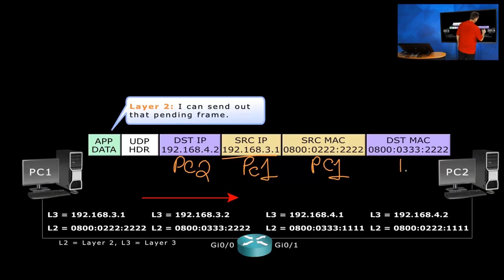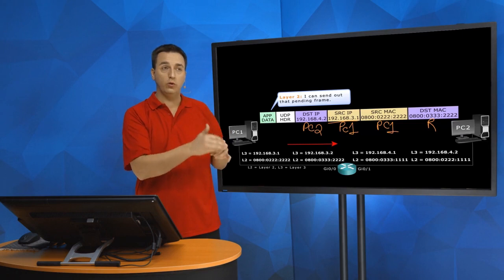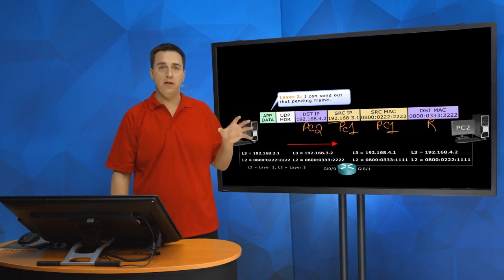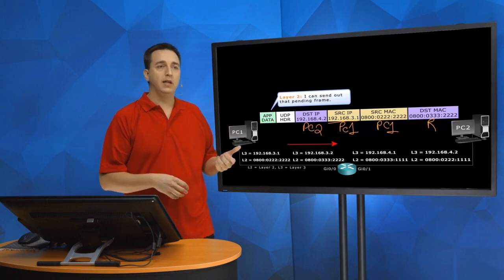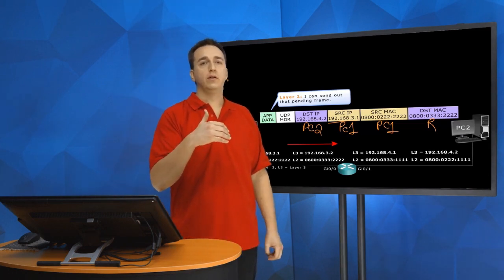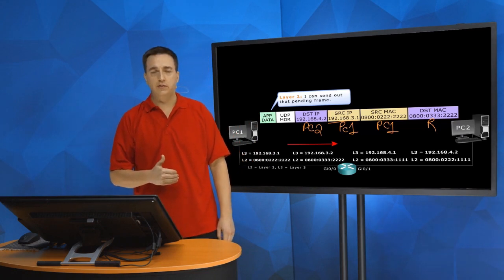The router. Specifically, gig 0/0 on the router. So the source and destination IP: PC1, PC2. The original source going to the ultimate destination. But the MAC address: original source, and then the router's local interface.